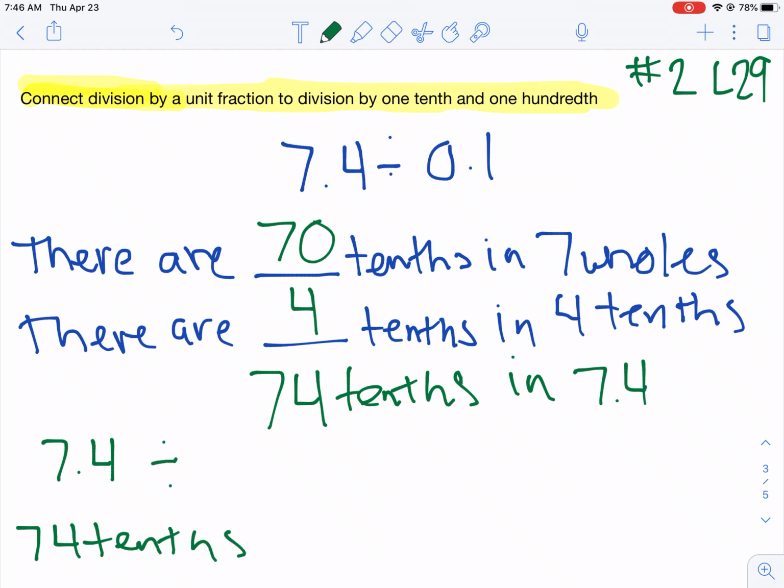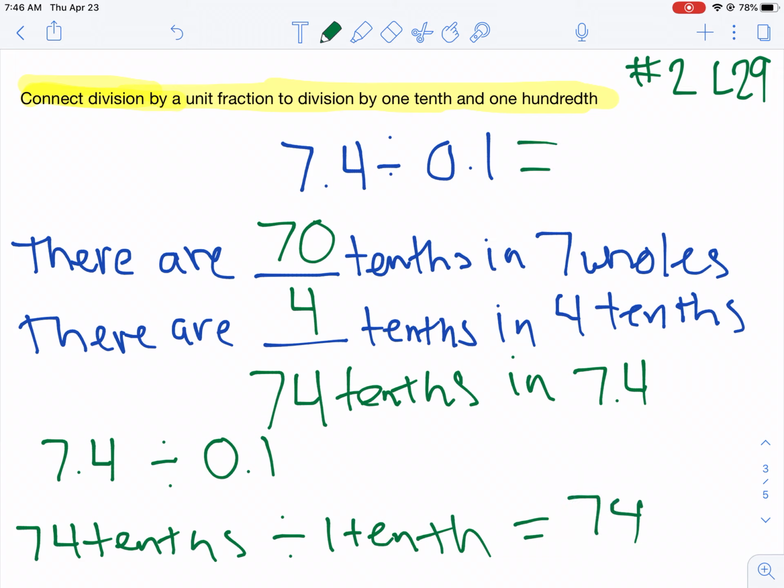Okay, divided by 1/10. So 74 tenths divided by 1/10 is 74. Our answer is 74. Compare this number to this number. Do you see the pattern?